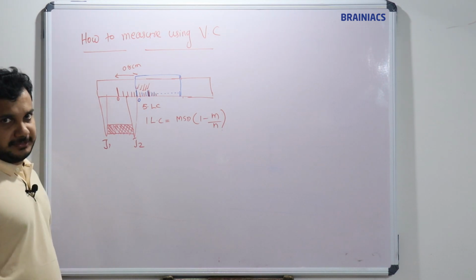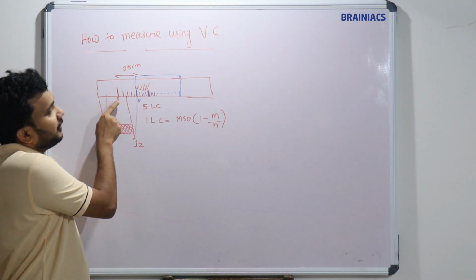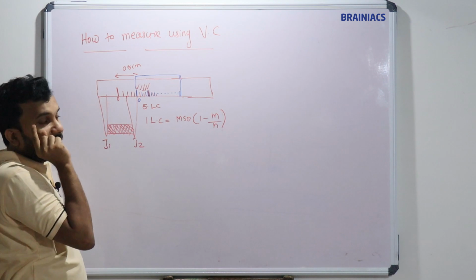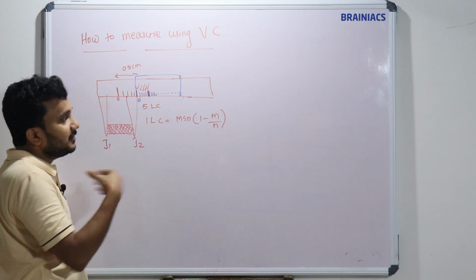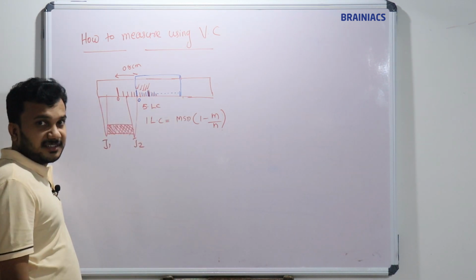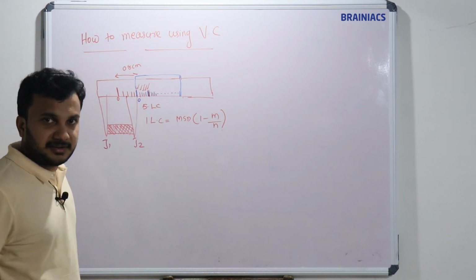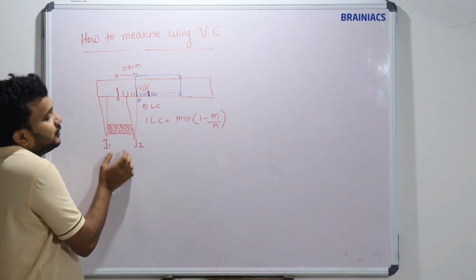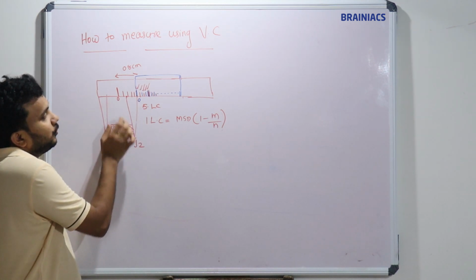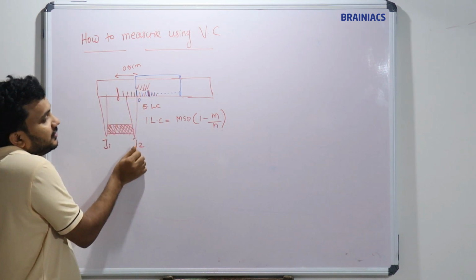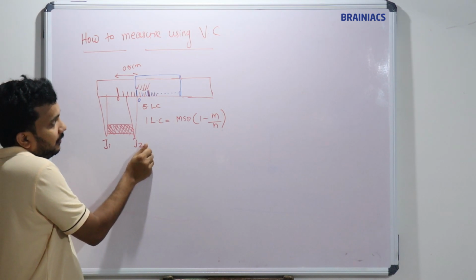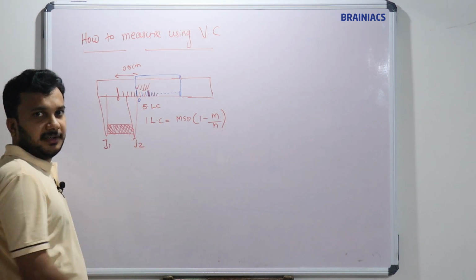Now how to measure the length? Here I am assuming this is a 10 centimeter scale. It may be 20, 30, 40, 50, 60, any number, it doesn't matter. After drawing this from J1 to J2, I fixed the wooden block and moved J2, then tightened it.